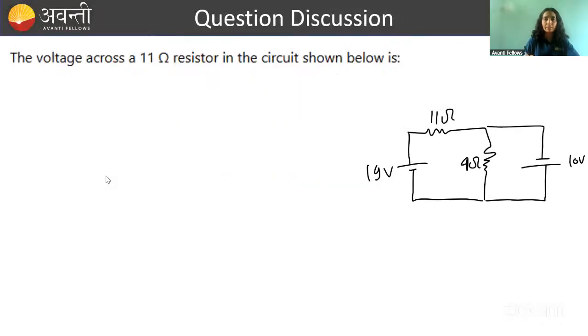So this is the very first question. What I want you to do is calculate the current and voltage across the 11 ohm resistor in the circuit given here. You solve it and let me know what answers you're getting. Done it? Chalo, your time starts now, so start doing it.